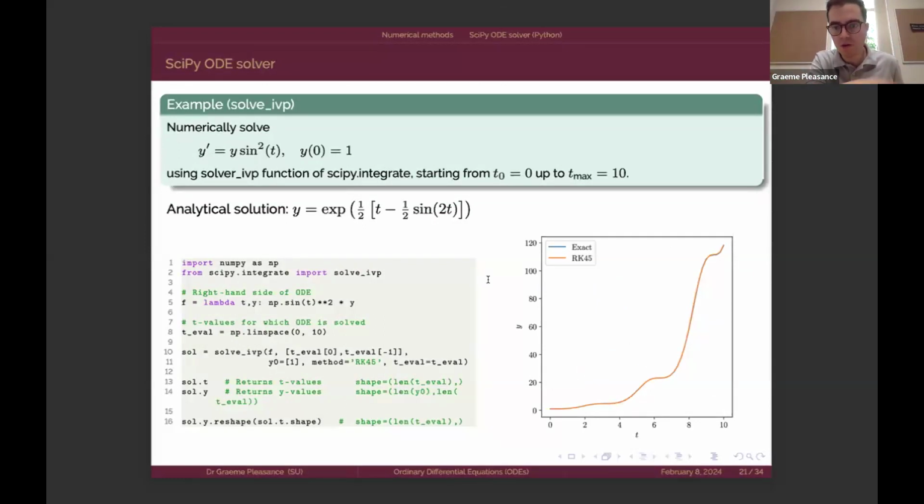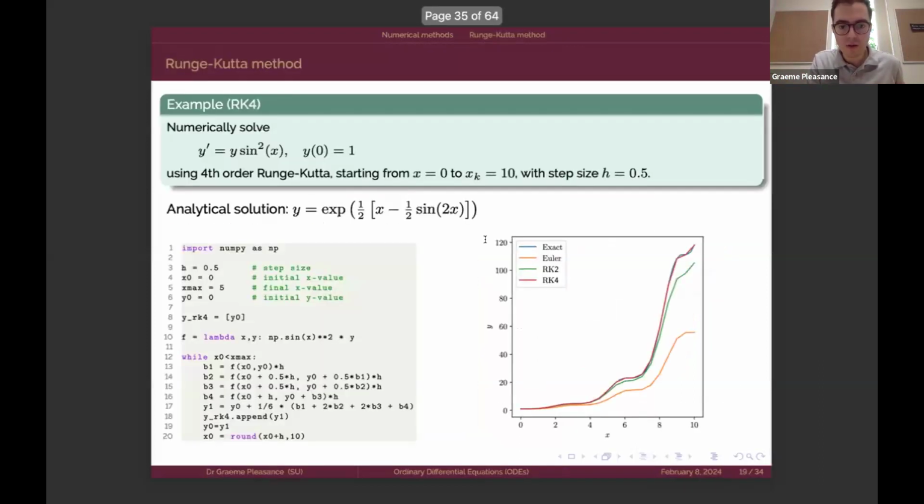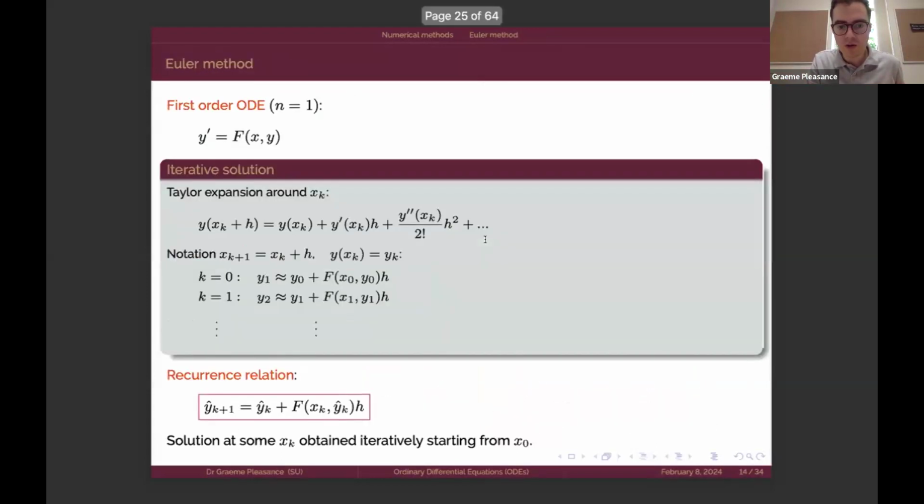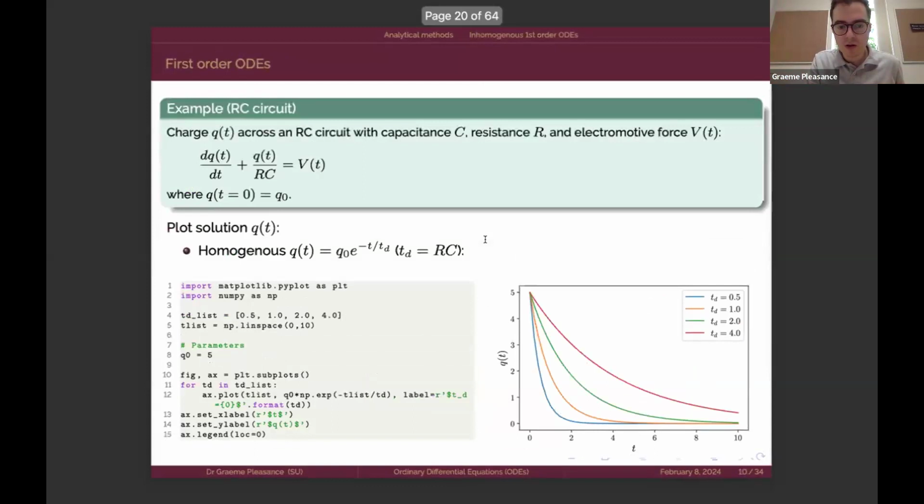If you want to use the solve IVP function, compare it to an analytical solution and plot this, you can plot the analytical solution using the type of code that I've given here. Hopefully that clarifies things.